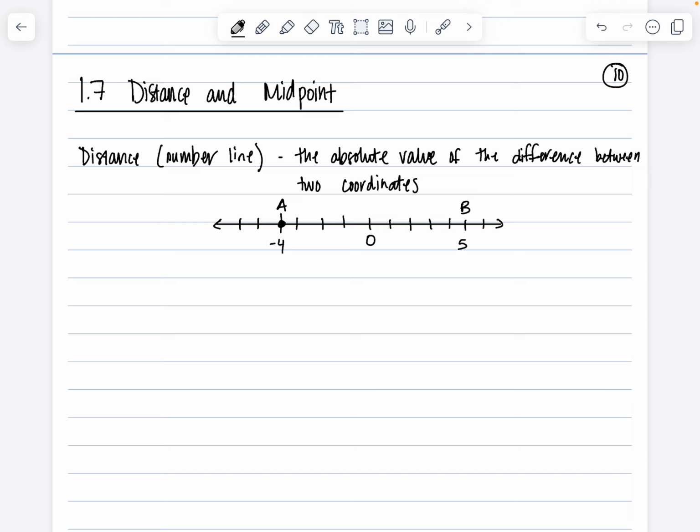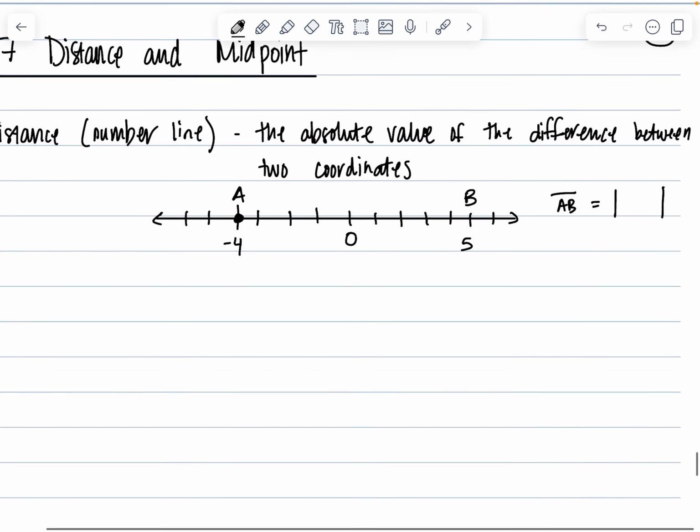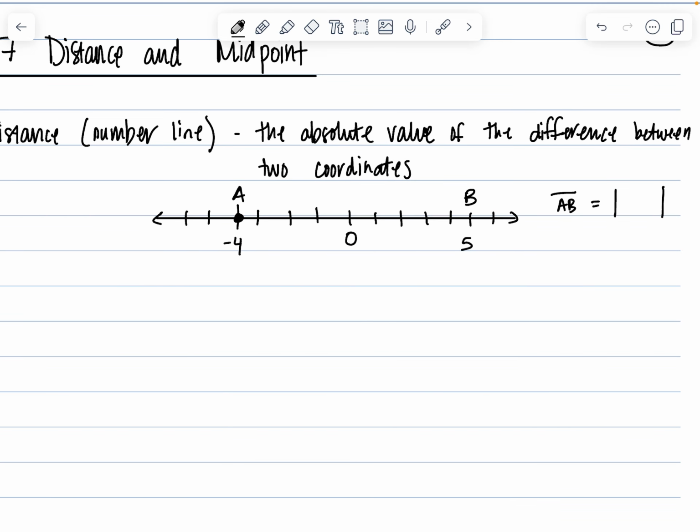So since it's absolute value, there's a nice convenient equation. AB, the distance or segment length between them, is equal to the absolute value, those two vertical bars, of the left point minus the right point. So we could do -4 minus 5.